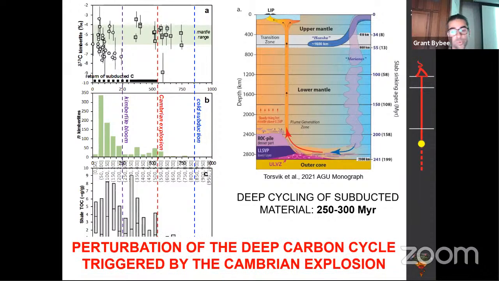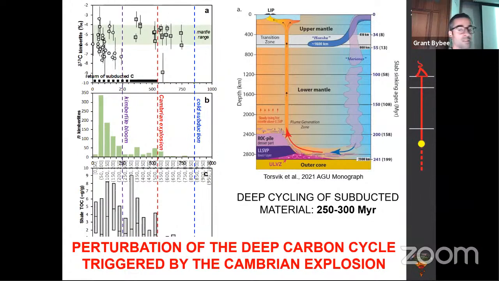So the idea that I'm pushing here is that this fundamental change in the shallow carbon cycle that was obviously triggered by the Cambrian explosion might have had an impact on the deep carbon cycle.